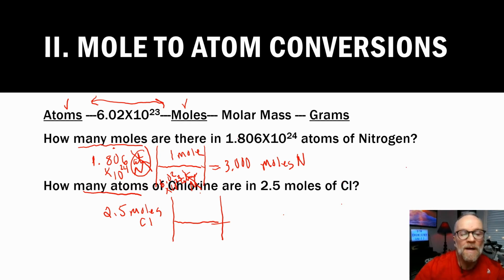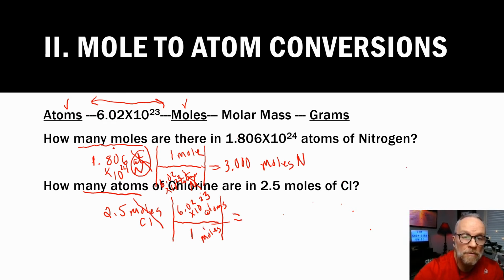So this time, moles will go on the bottom and atoms will go on the top. Moles to atoms, atoms to moles, always we will use Avogadro's number. We'll always put a 1 in front of the mole amount, and then 6.02 times 10 to the 23rd will go next to our atoms amount.